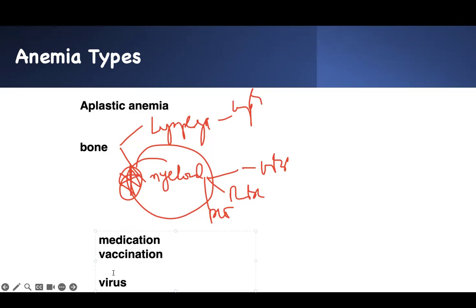Or you're getting some radiation. Something is affecting the bone marrow. That's all. Whatever is affecting the bone marrow is causing what? Fewer red cells, fewer platelets, and less hemoglobin. And therefore, you have low red blood cells, low platelets, and low white cells.